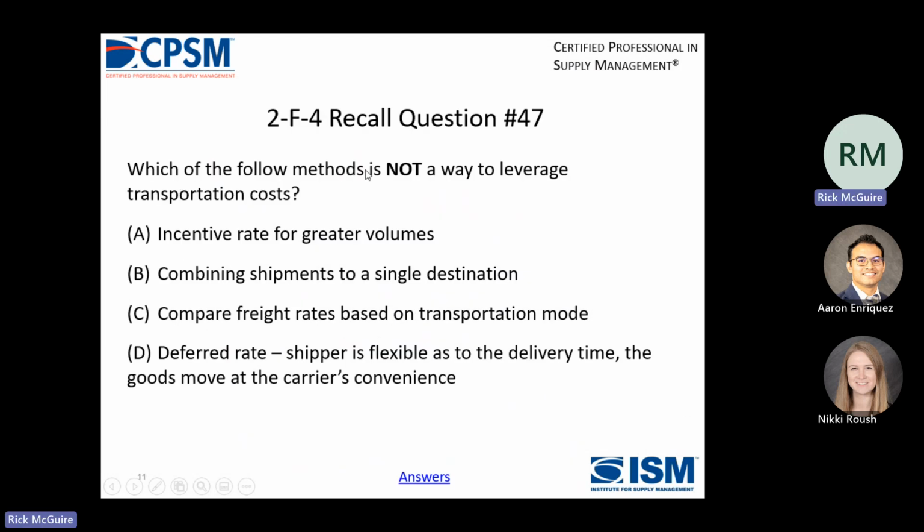Which of the following methods is not a way to leverage transportation costs? Well, this one's interesting. Any guesses?